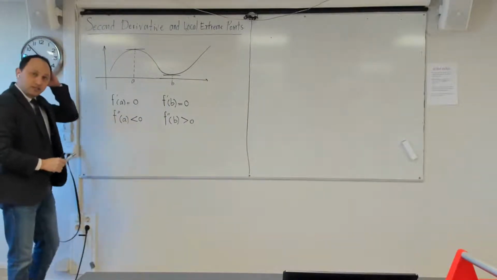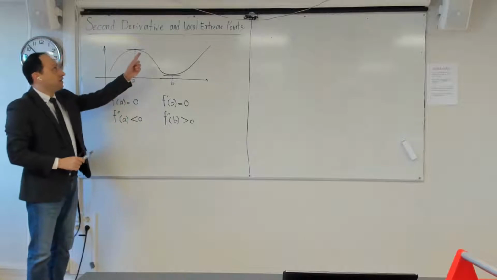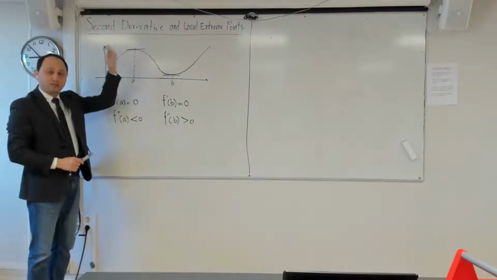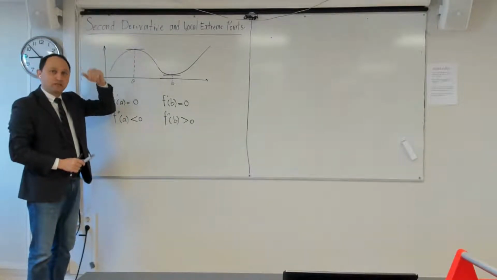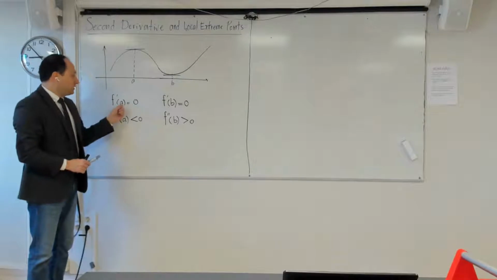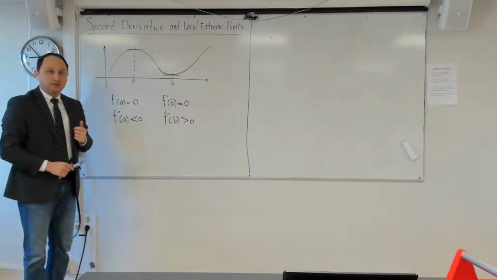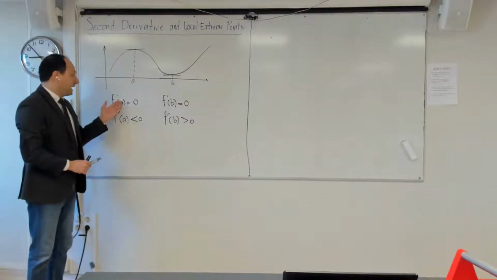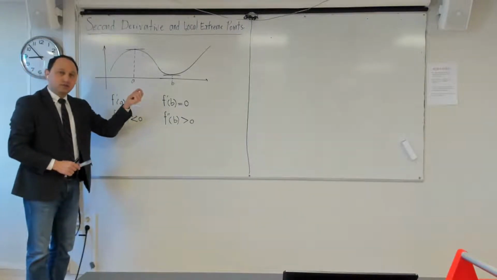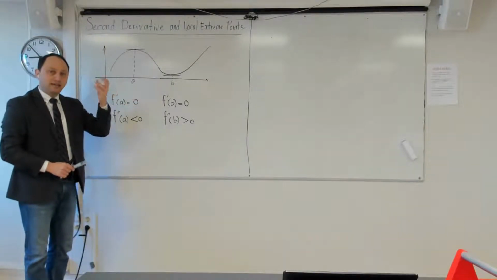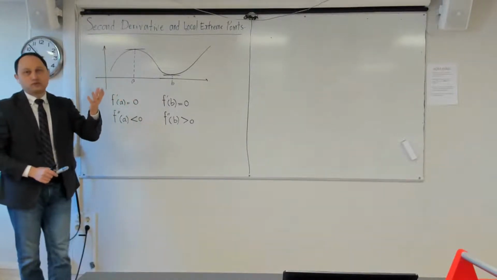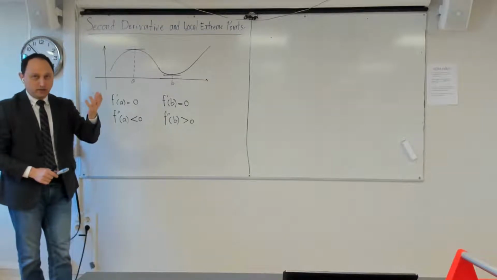So you see, when I wanted to find local extreme points in the previous, I don't know, 2 or 3 previous lessons, what we do, we take the derivative, we equate the derivative to 0, and we got the solutions to that equation. I told you these are just only candidates for the local extreme points.